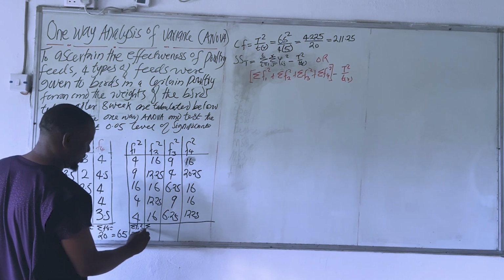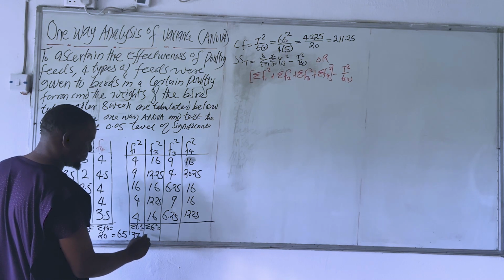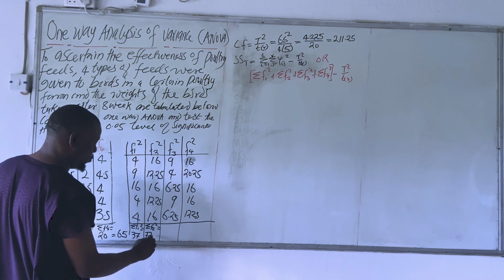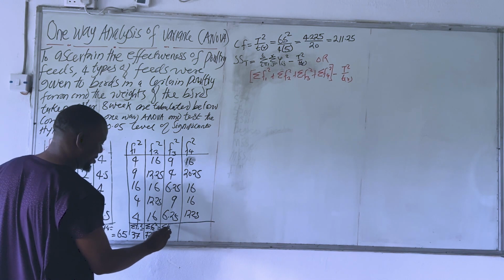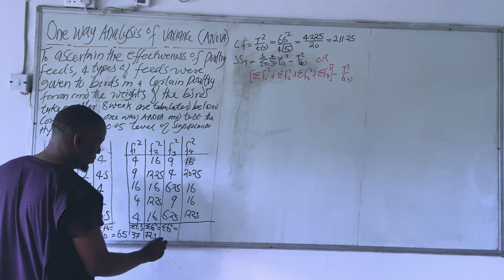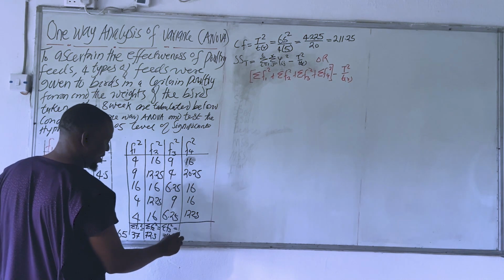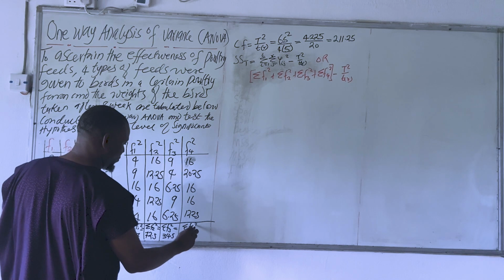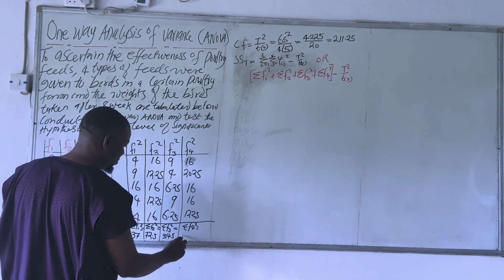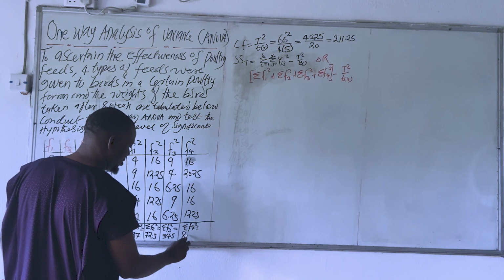So the summation of our f1 square will be equal to 37. Now again, the summation of our f2 square will be equal to 72.5. If we sum our f3 square, it will be equal to 34.5. And then if we sum our f4 square, it will be equal to 80.5.